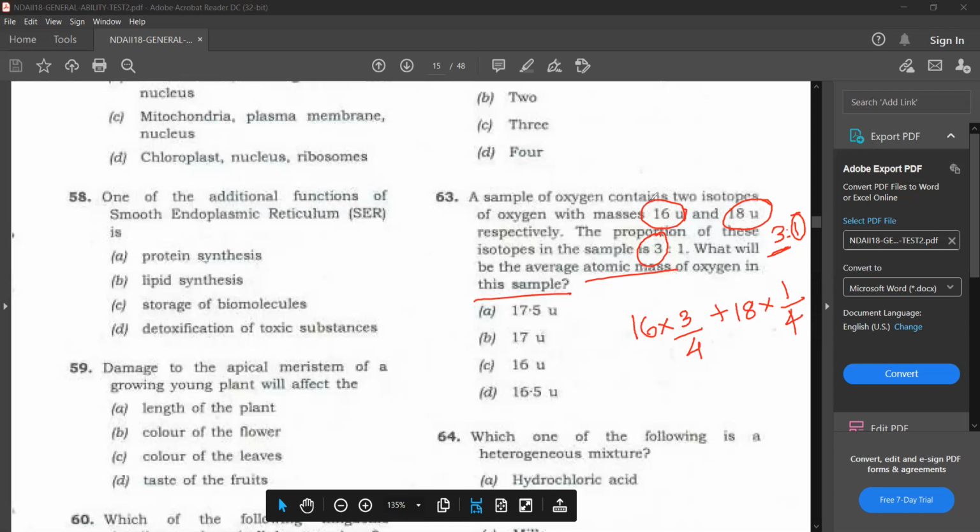Once you cancel, you get 12 plus 4.5, so that is 16.5 units, option D. So the answer is option D.